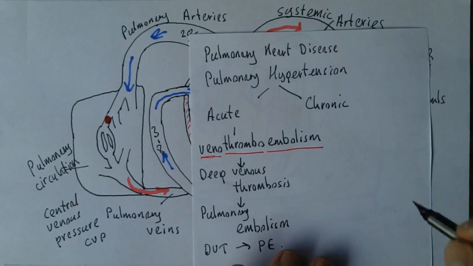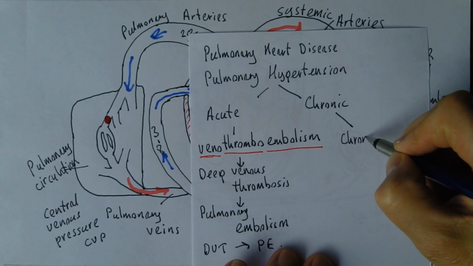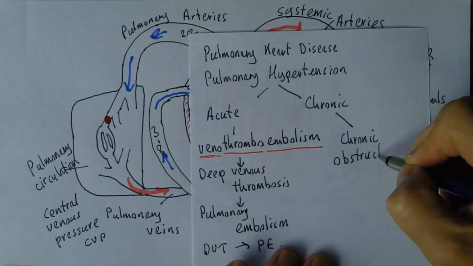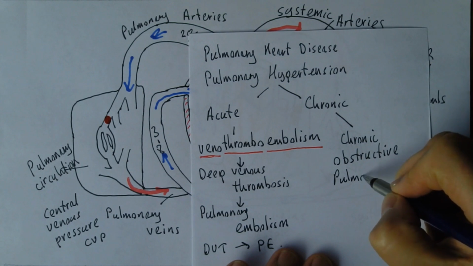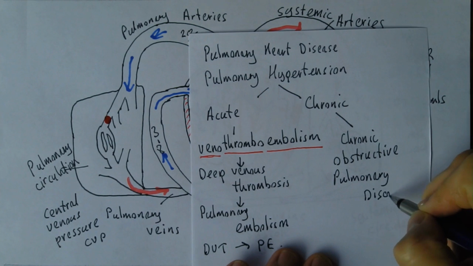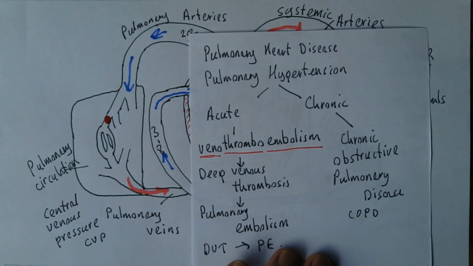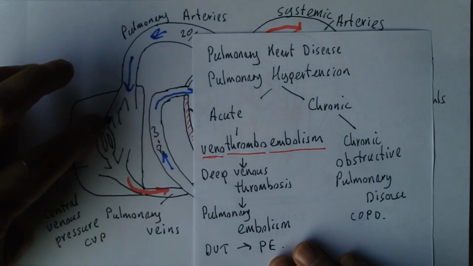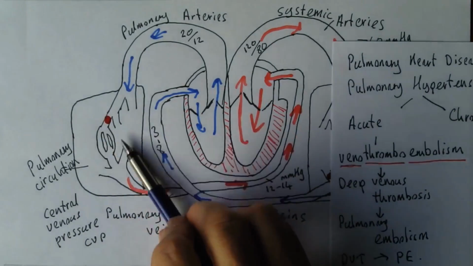Now, the chronic form, for example, can occur in chronic obstructive pulmonary disease. COPD. Now, what happens here is in chronic bronchitis, there's not enough air getting into the lungs.